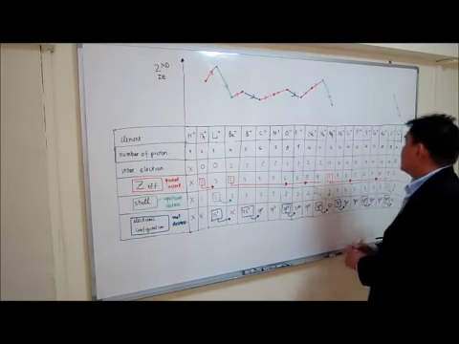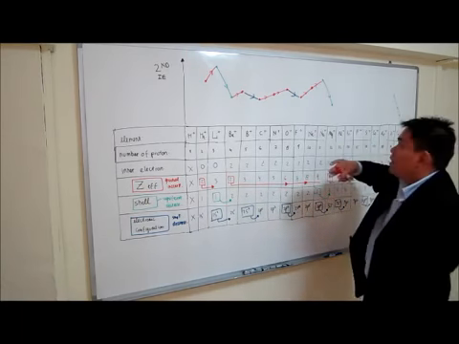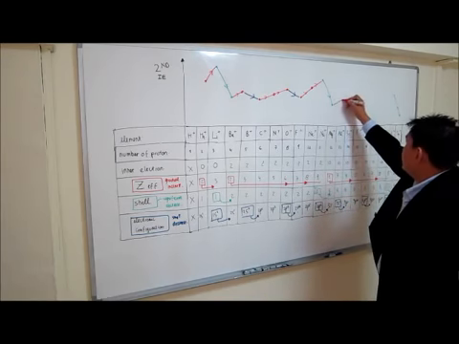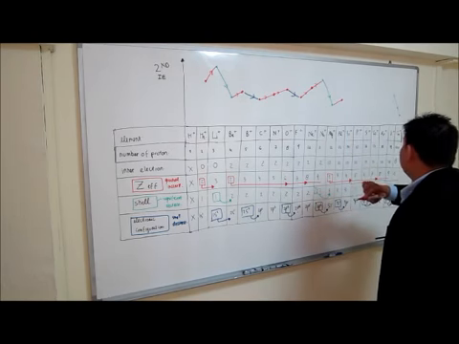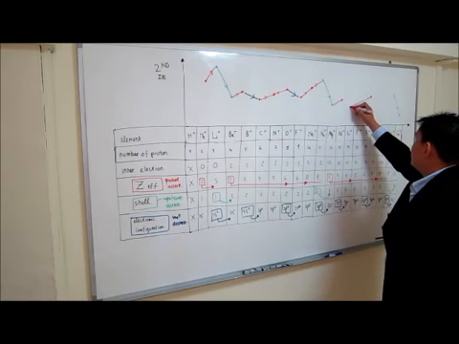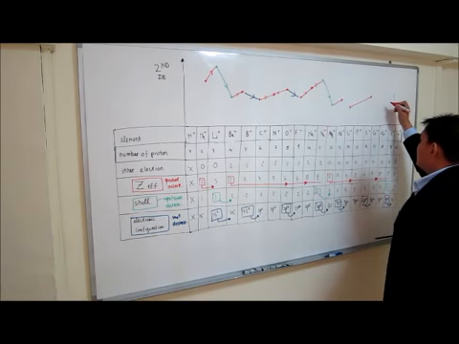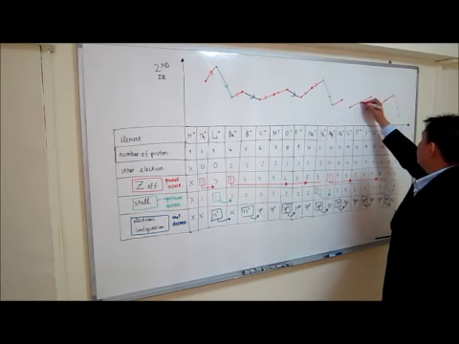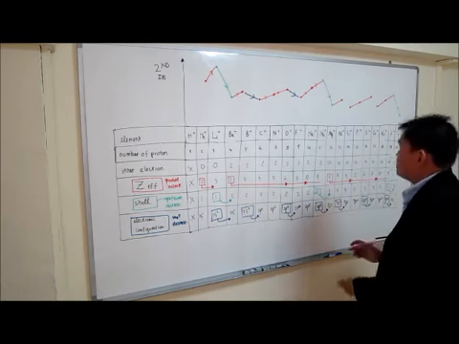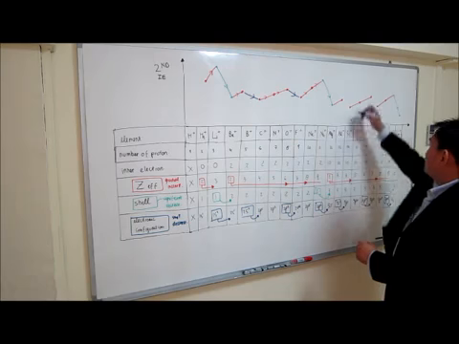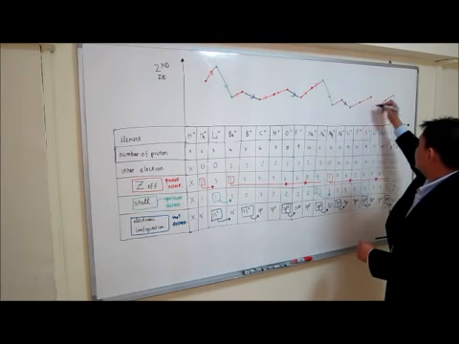We are going also to draw a similar pattern from Mg plus to K plus, a slight increase from magnesium to aluminium, gradual increase also from silicon to sulfur, also gradual increase from chlorine to K plus, and there will be a gradual decrease from aluminium to silicon, and also from S plus to Cl plus.